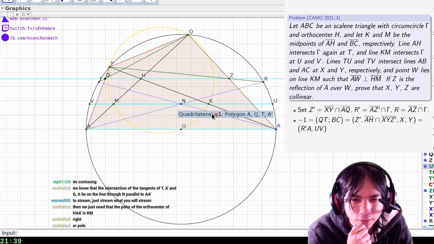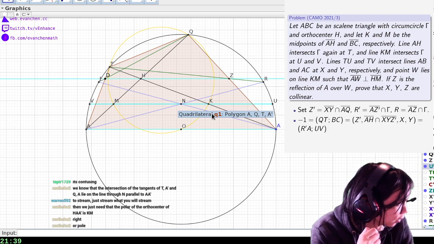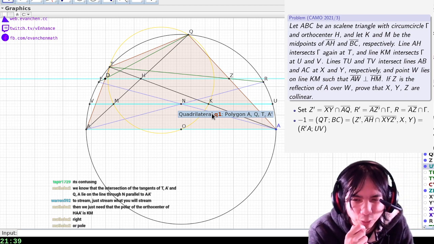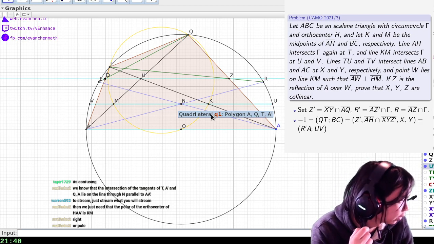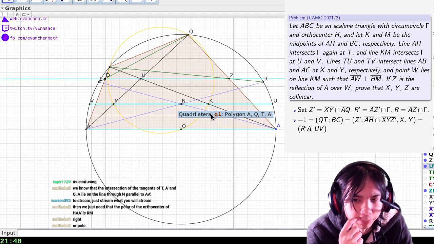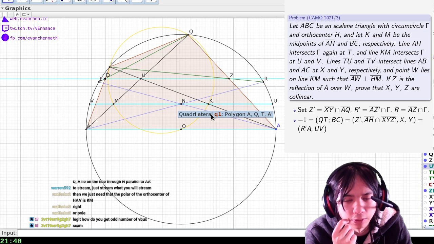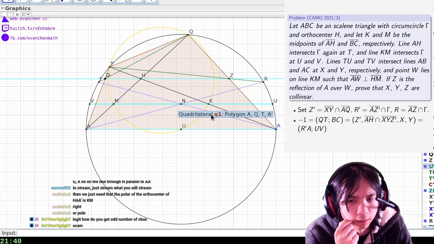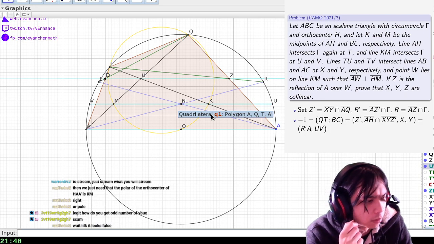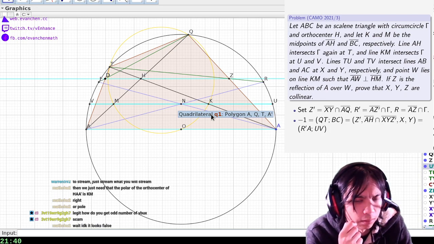Oh. Oh, is that what you're supposed to do? So the fact you're quoting that the polar of the orthocenter of HAA prime coincides with the midline is a... No. What?